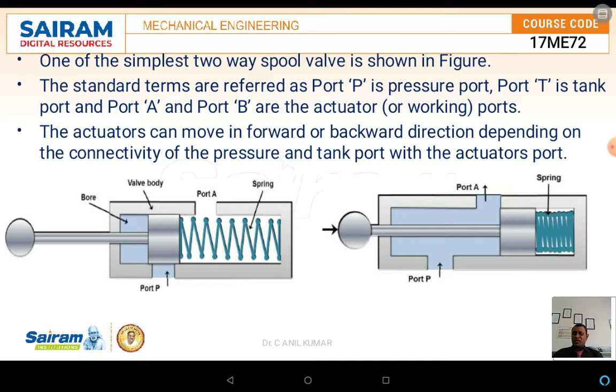The valve body consists of a plunger type mechanism, normally called a spool, which has a piston head. That piston head blocks port A or port P, depending upon the pressurization applied over it. In the forward stroke it moves forward, and in the return stroke, because of the spring pressure, it moves back.